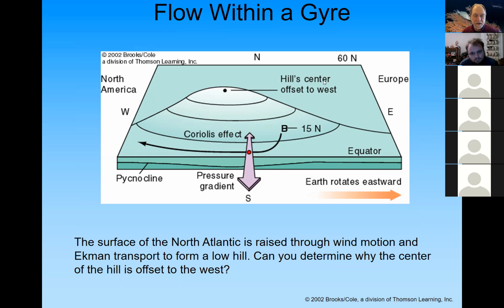The Hadley cells are accelerating wind to the west, and so there's this center depicted offset to the western side of the North Atlantic. Okay, so there's this mound of water. Again, the mound is hugely exaggerated here relative to the lateral directions, but this is significant. So any parcel of water within this mound is going to want to accelerate, fall from the high point to the low point.